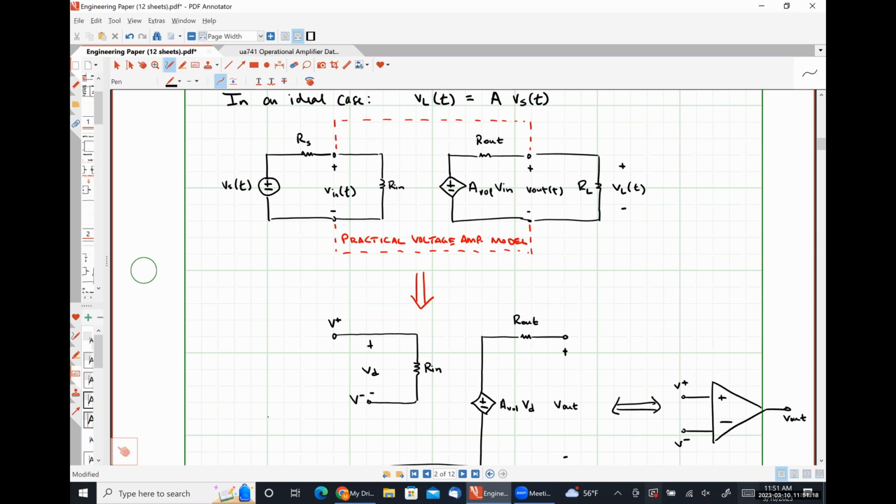There's isolation effectively because there has to be. We're seeing two different things when we look at the two different ports, right? So when we look in through the input, we see the input equivalent circuit. When we look in through the output, we see the output equivalent circuit. And we know that those two equivalent circuits are coupled to each other because this is an amplifier.